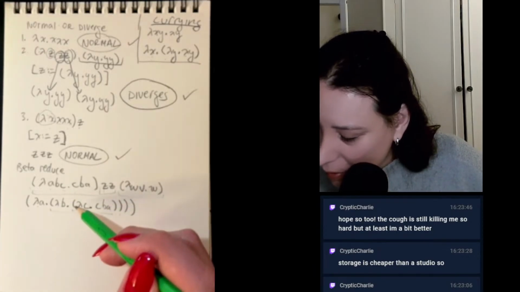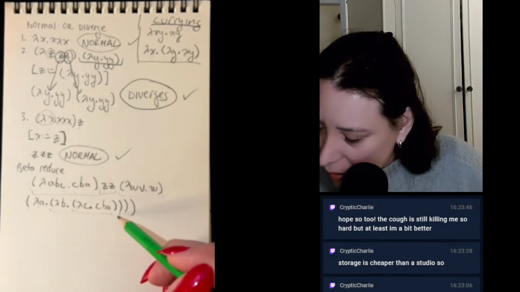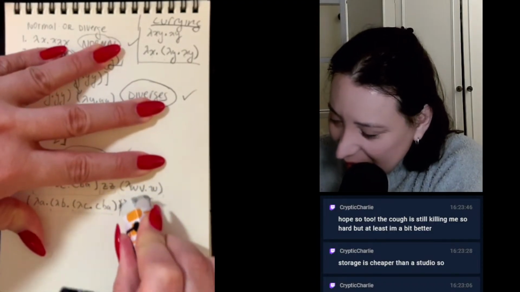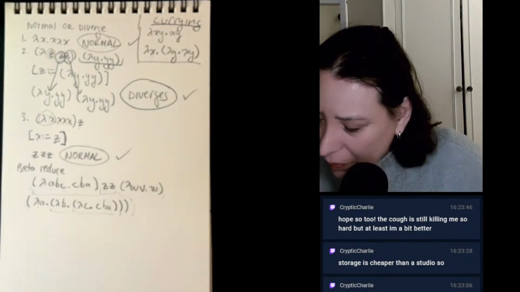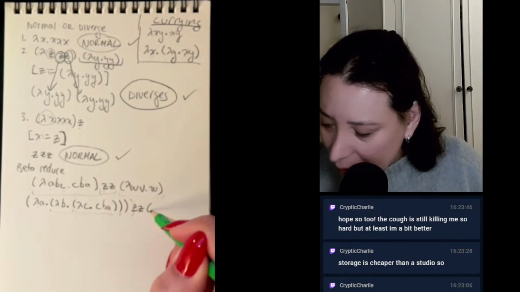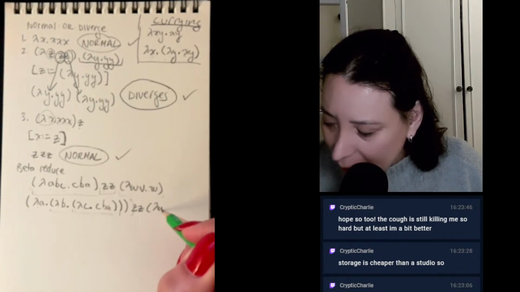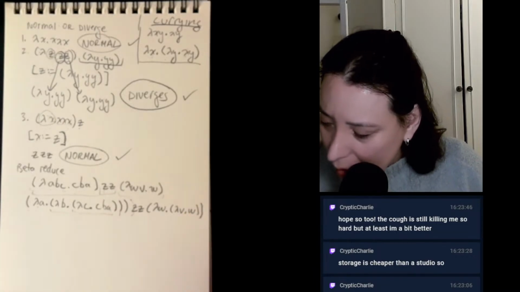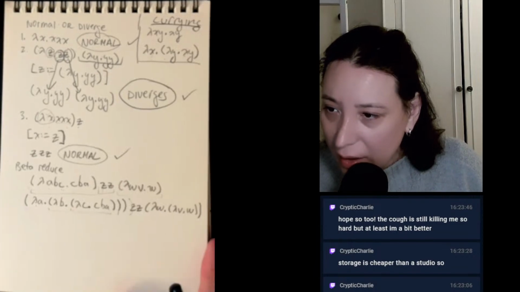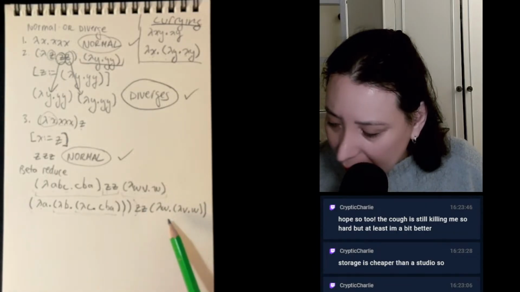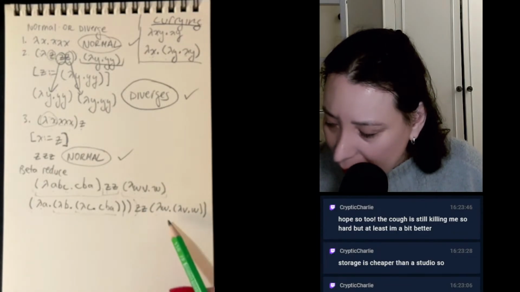Wait, how did I do the wrong thing? This one matches this. I think I put one too many. All right, so now we have two Z's, and this one will do the same thing. Just fits. So I've split up the Y and the V into the explicitly curried format.